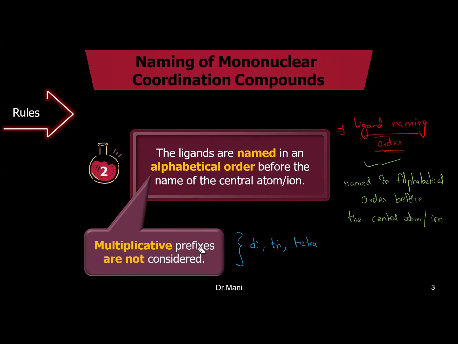If you have a ligand with di or tri, we should not consider that as the first alphabetical letter. These prefixes are not considered when determining the alphabetical order.